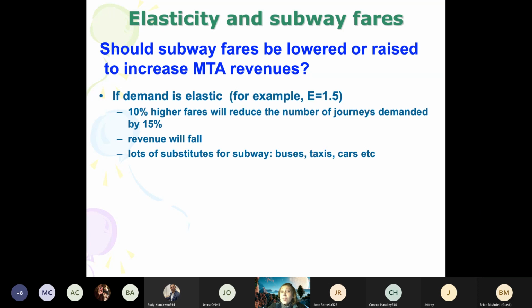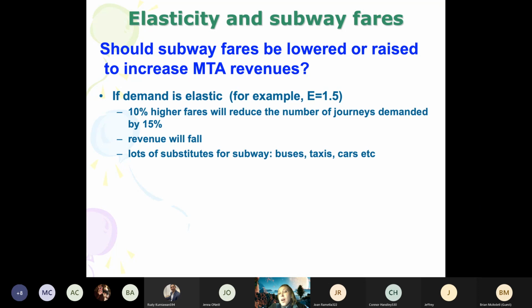Suppose it's elastic, with elasticity above 1.5 or 2 or 3, something like that. Then a percent change in a fare, like a 10% raise in fare, where 10% is 27.5 cents, so something like $3, almost 10%, right?